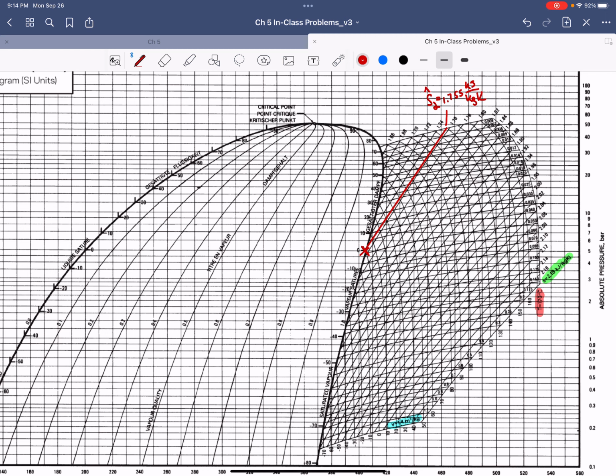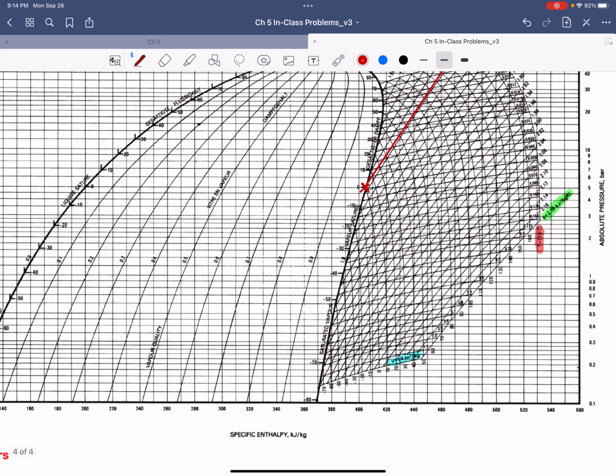So S2 is going to be equal to that. Furthermore, if we look at our intersection here, if we just draw a line going straight down, we see eventually our line will intersect these specific enthalpies here. And so we find that for saturated vapor at 0 degrees Celsius, H2 is going to correspond to about 405 kilojoules per kilogram.